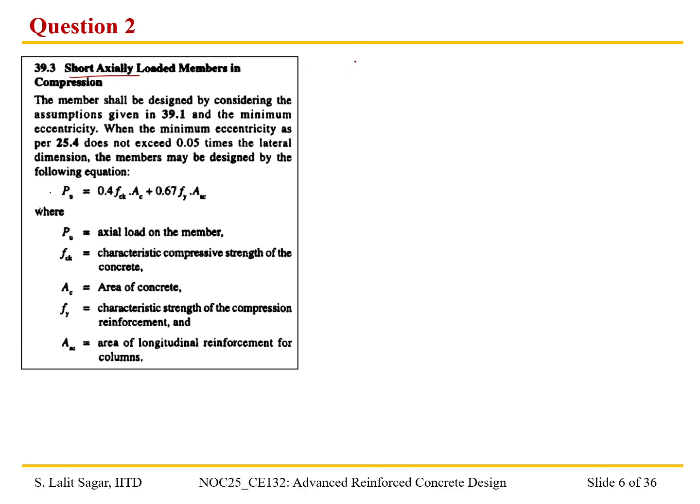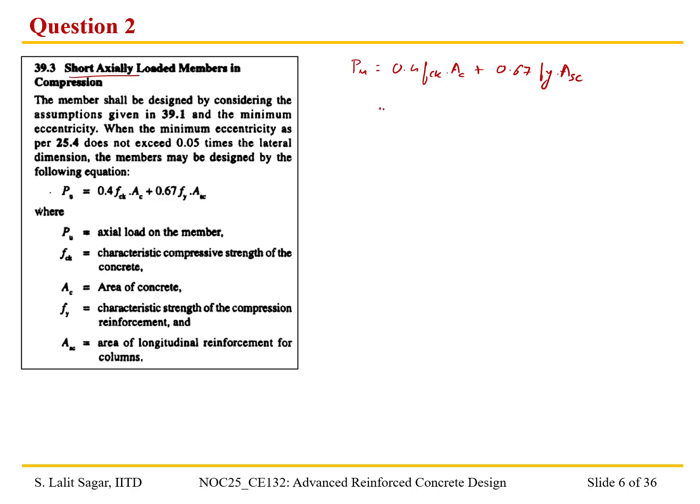Pu is equal to 0.4 fck into Ac plus 0.67 fy into Asc, right?